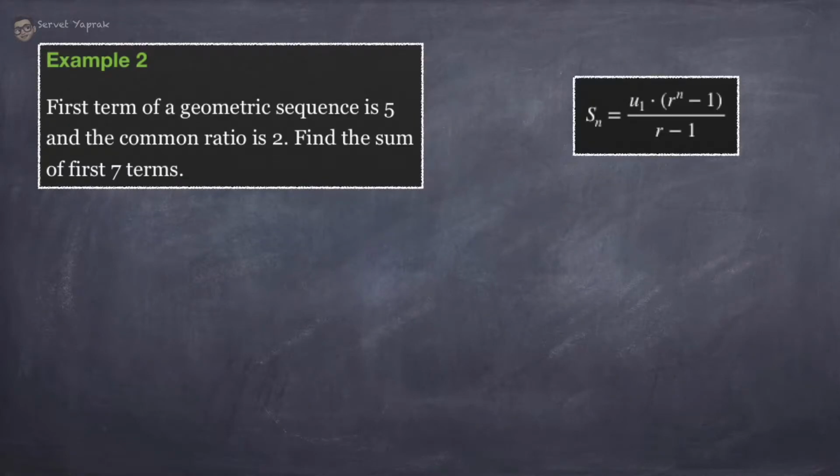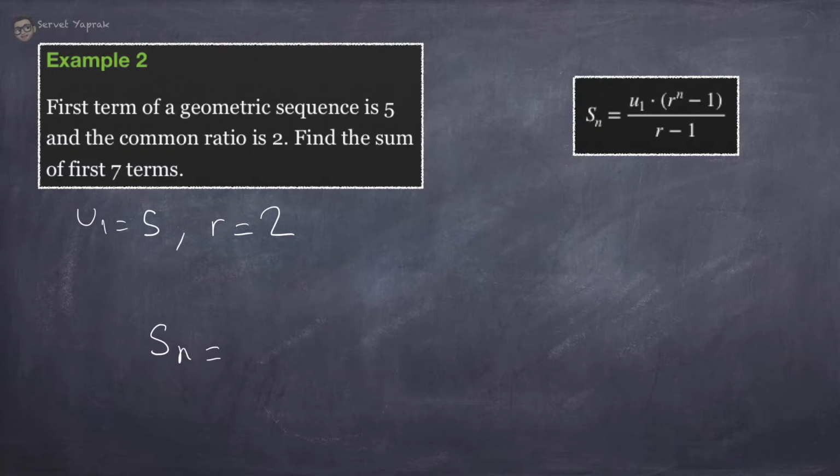So let's look at an example. The first term of a geometric sequence is 5, and the common ratio is 2. Find the sum of the first 7 terms. So we will find the sum of 7 terms. We know that u1 equals 5 and the common ratio equals 2. This is our sum formula from the formula booklet. I will just substitute these values here.